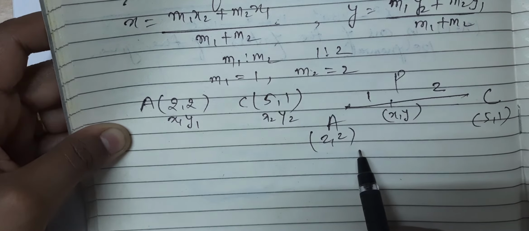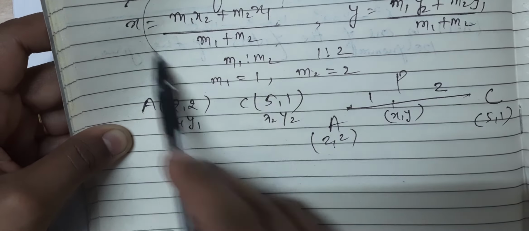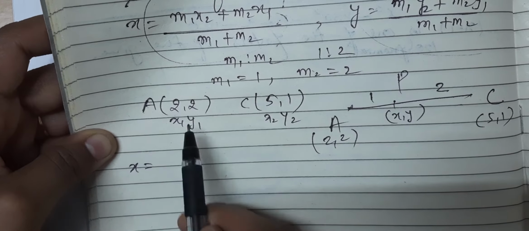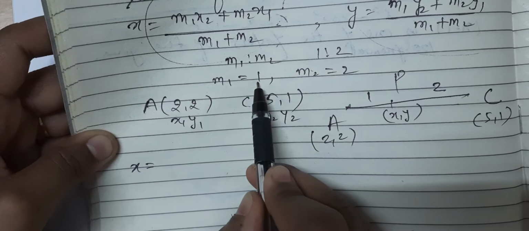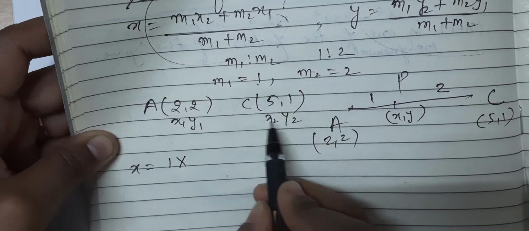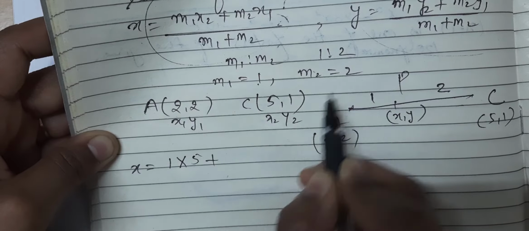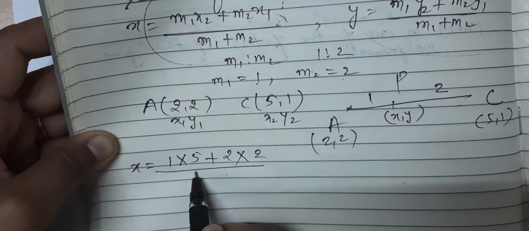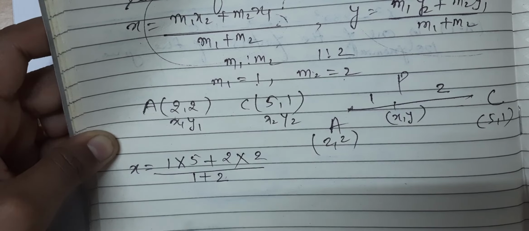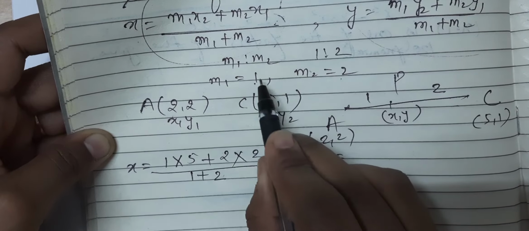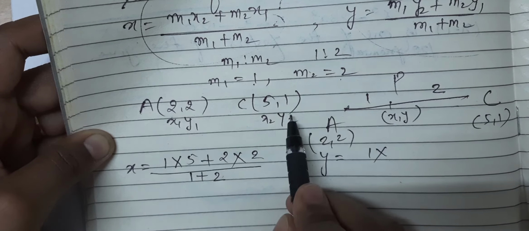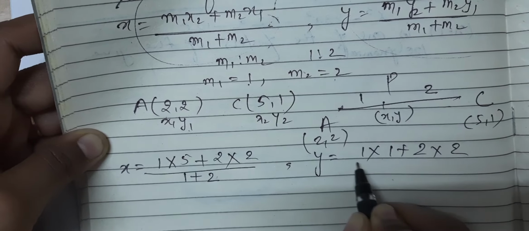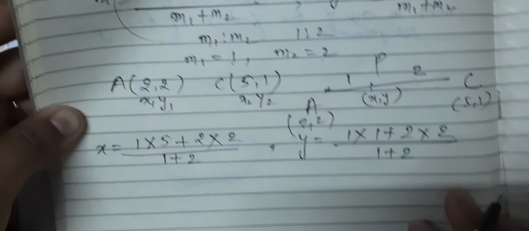So let us find it by using this section formula. We'll put the values. The x coordinate is m1 x2 plus m2 x1 upon m1 plus m2, where m1 is 1, x2 is 5, m2 is 2, x1 is 2, and the y coordinate is m1 y2 plus m2 y1 upon m1 plus m2.